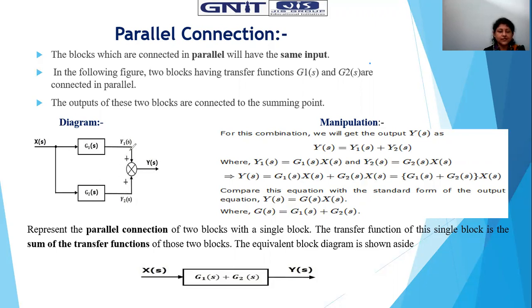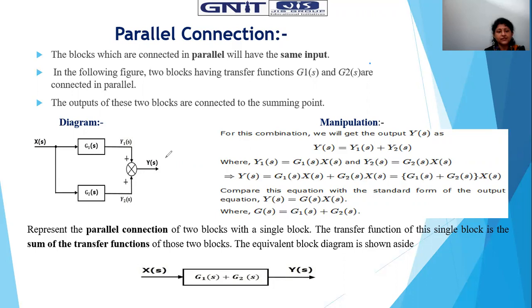So we get Y1(s) and Y2(s), combining at the summing point. It may be vice versa, but the same signal goes in, and we get the combination of these two as output. So G1 and G2 are one parallel combination.